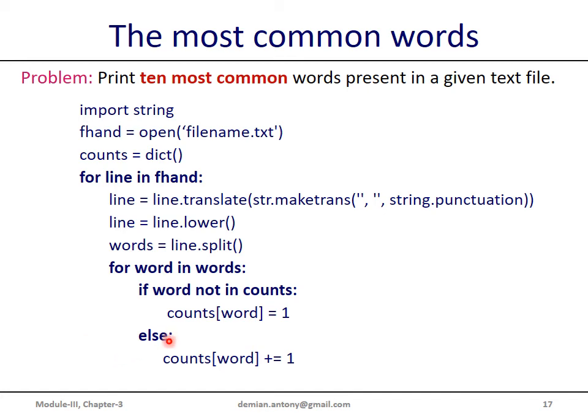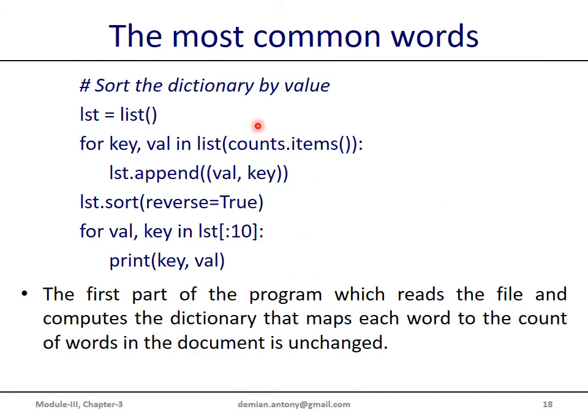Once this is done, we have a dictionary which is ordered based on the hash value, having a key which is a word and the value representing the frequency of occurrence. Now we need to create a list of tuples.